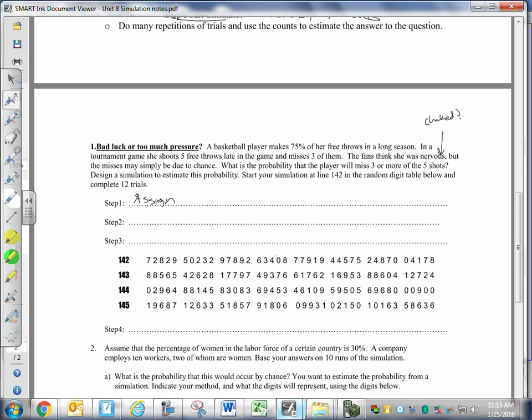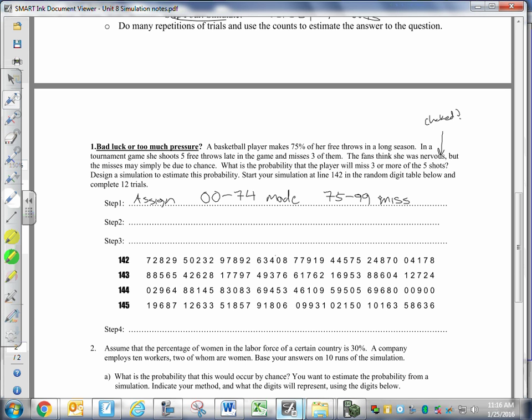If there's a 75% chance that she's going to make it. Thank you, Mr. Funk. 00 to 74. Which means the other numbers, 75 through 99, are going to represent a miss.